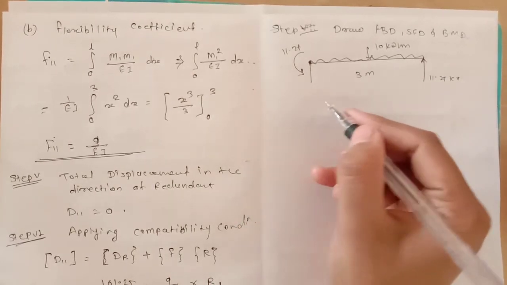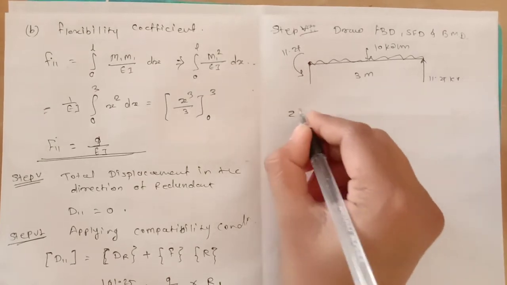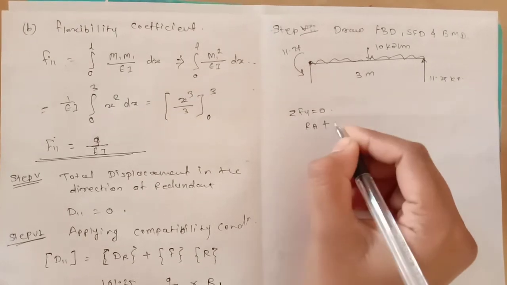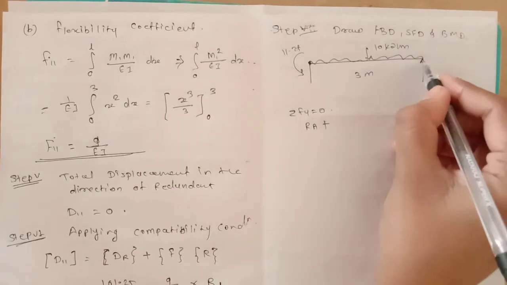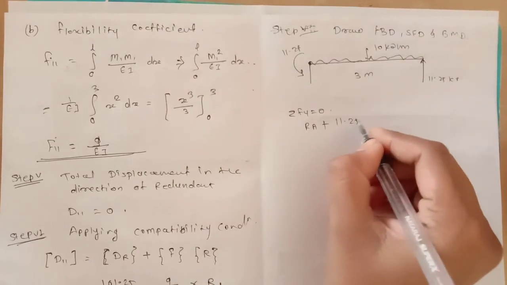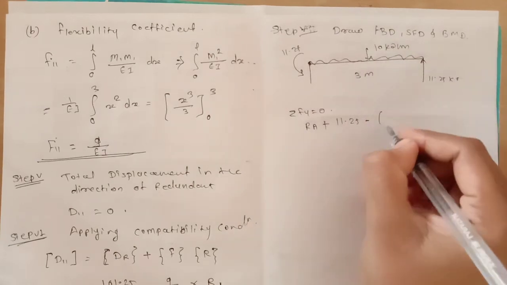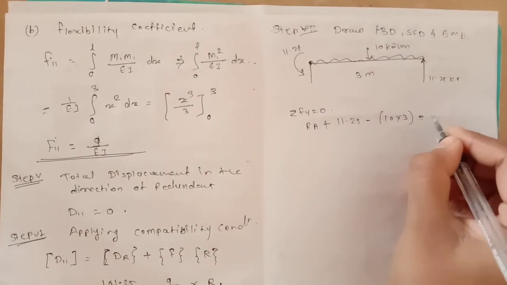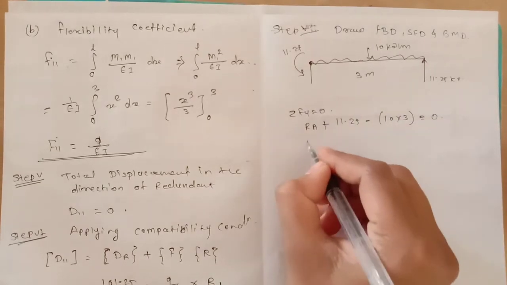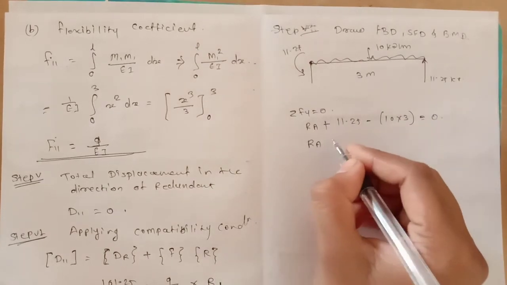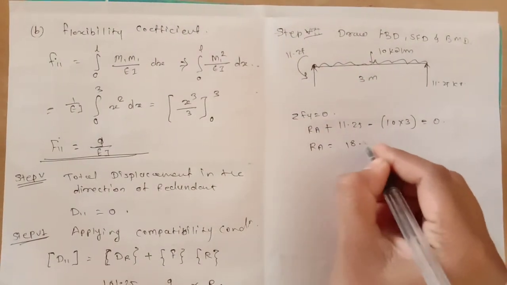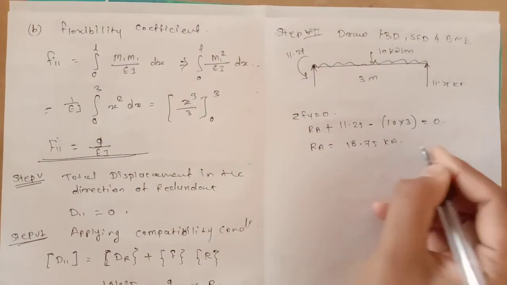For the shear force calculation, summation of Fy is equal to 0. So RA plus this R1 value, 11.25, minus 10 into 3. From this we get the reaction at point A equal to 18.75 kilonewton.